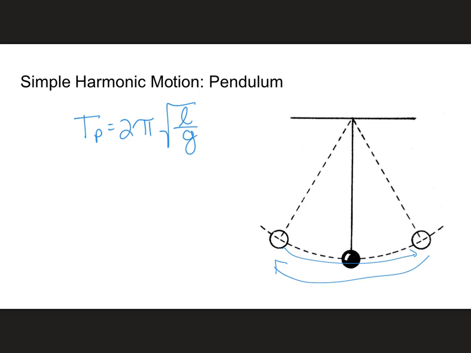It looks very similar to the equation for the period of a spring. The only difference is in the square root. This is the length of the pendulum and the gravity. Now what we'll be doing in class is working on an experiment where we are proving this equation and also discussing how energy plays into this.